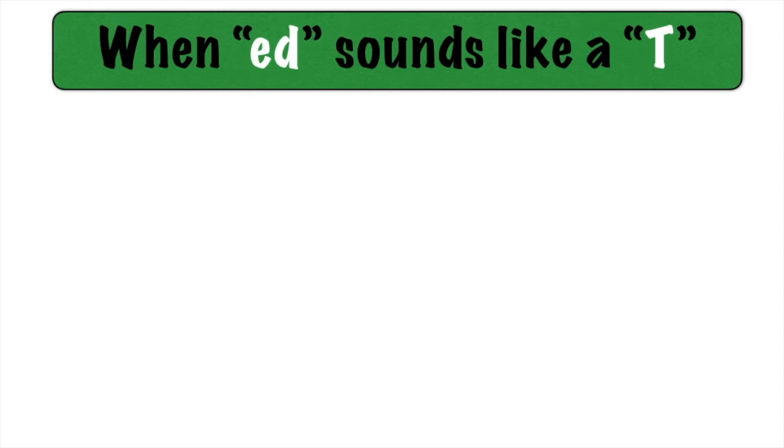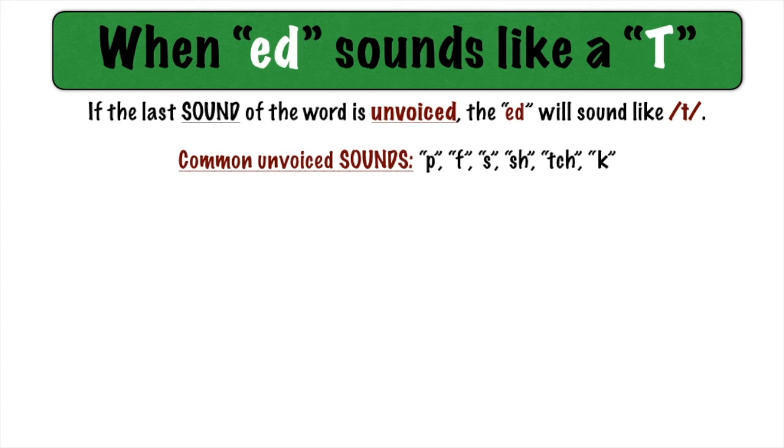Now when ed sounds like a t: if the last sound of the word is unvoiced, the ed will sound like t. Common unvoiced sounds are the p sound, the f sound, the s sound, the sh sound, the ch sound, and the k sound.